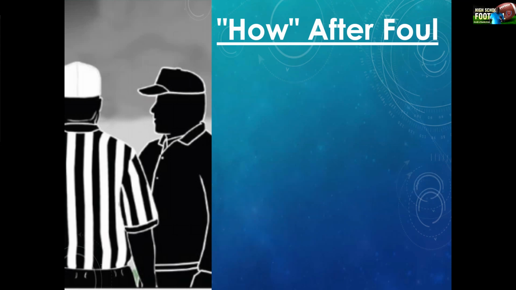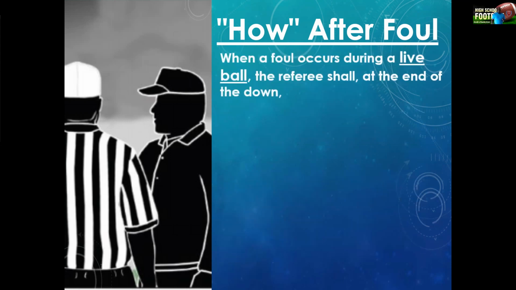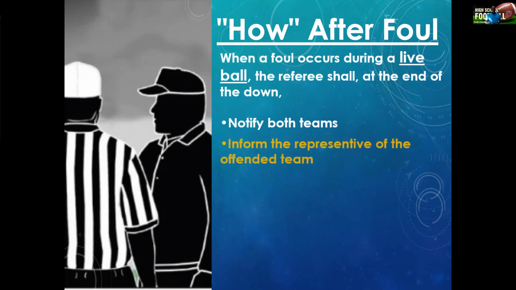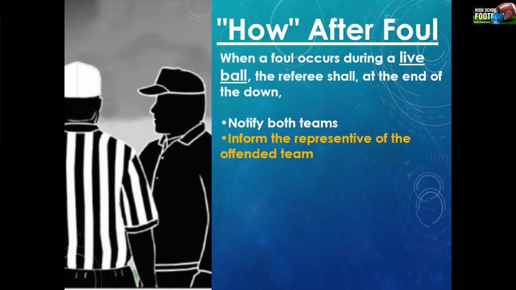All right, so real quick, on a live ball foul, after it ends, the referee should do a couple of things. One, notify both teams, right? We got holding on 56, so everybody knows. We're going to inform the representative of the offended team.